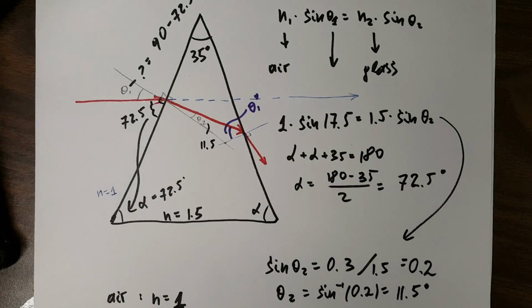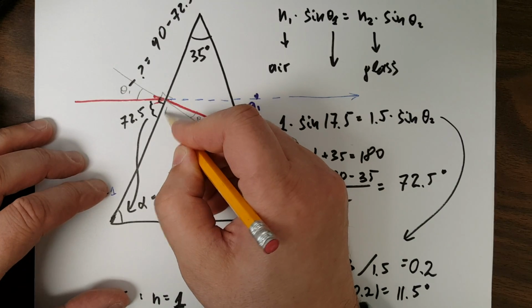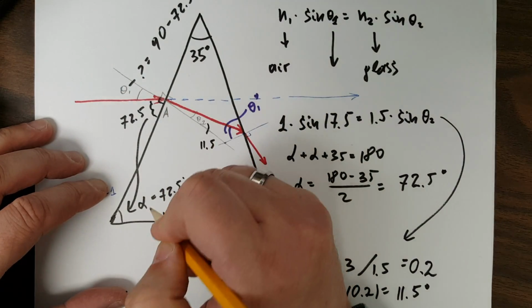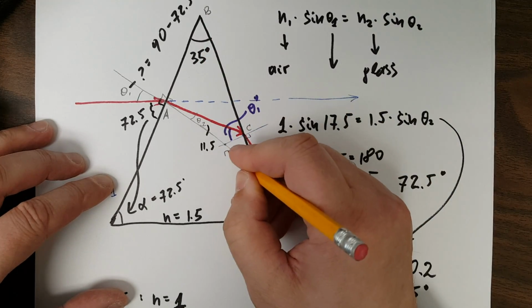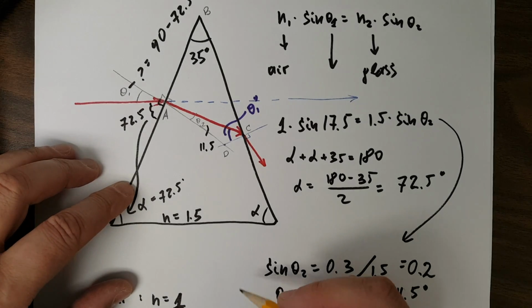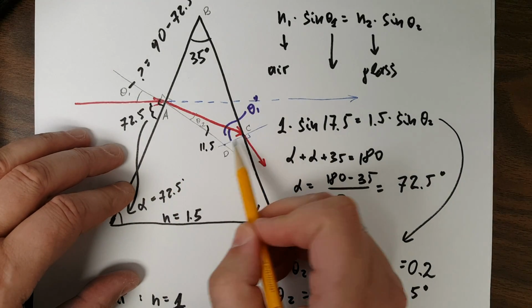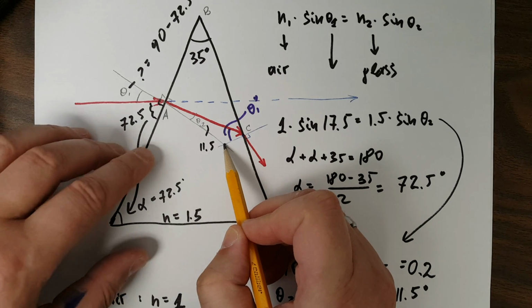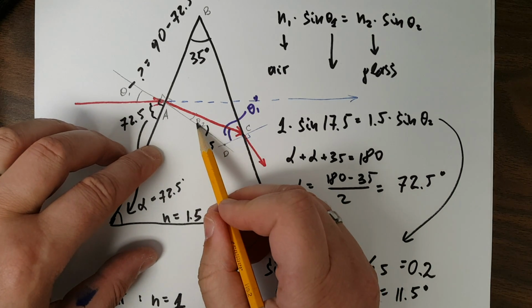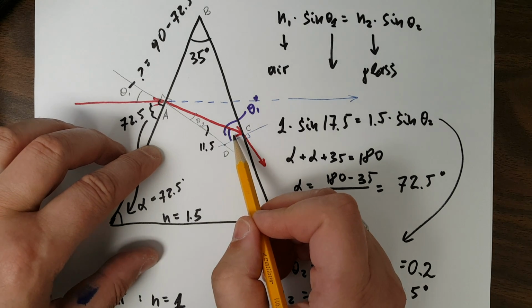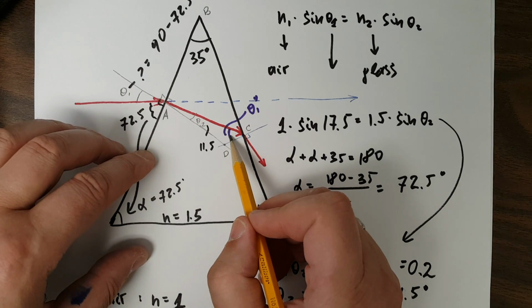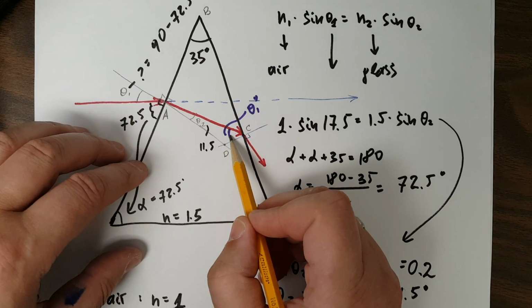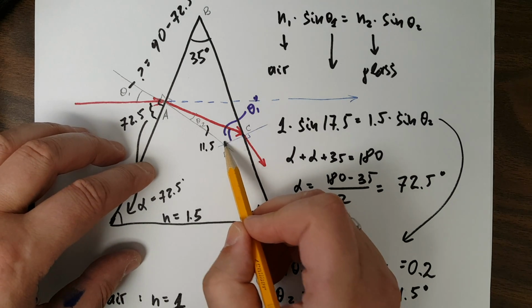It's not a right triangle, it's some kind of a triangle, but if I call it, let's say, A, well, let's call it B, C, D, A, C, D triangle has three angles. This is 11.5. This is what we need to find. If we knew this angle, we could have gotten this one. So now we have a different problem. We need this angle. We don't know this angle, so we have to find it.